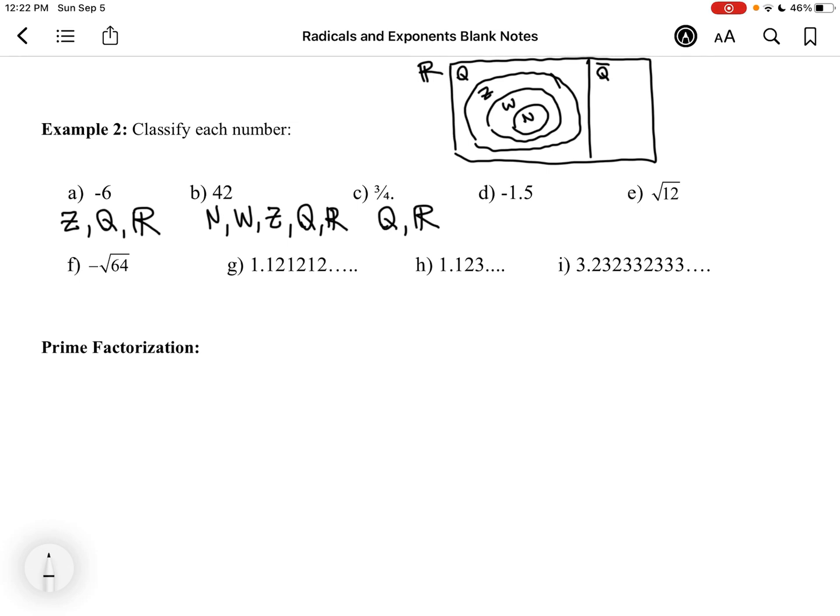Okay, -1.5. Well, that's like -3/2. So this is not, again, natural, whole, or integer because it's not an entire number. It's got a part of a number as well, but it is rational and it is real.